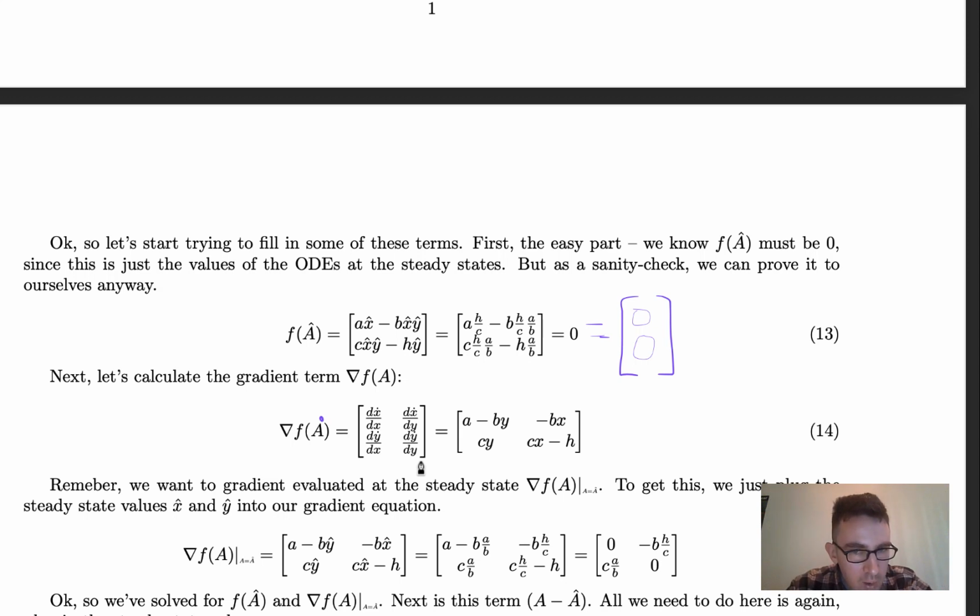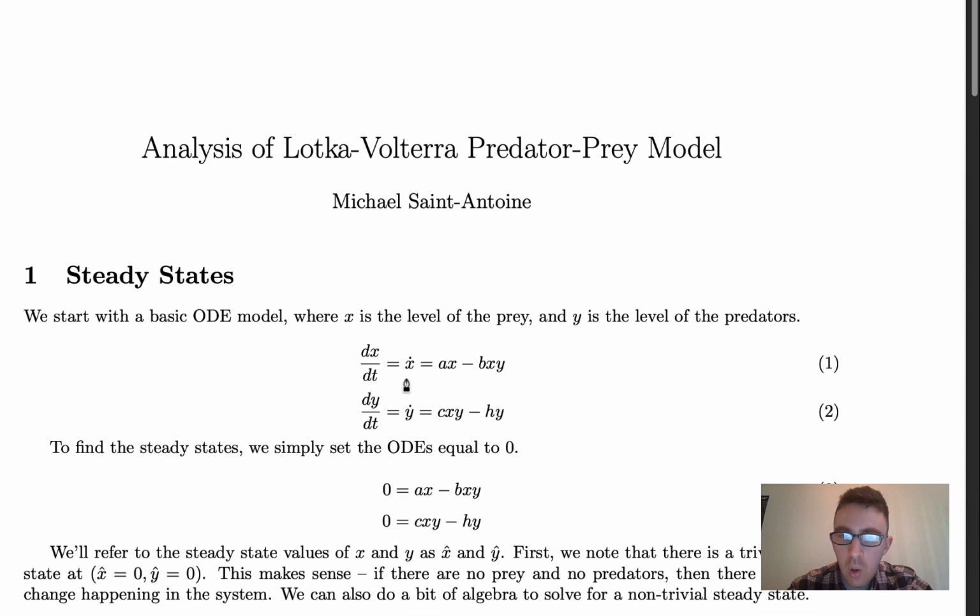But again, I know it looks complicated, but I'm just going to show you how we would fill out this matrix in terms of the parameters. Let's start with the first one, the partial derivative of x dot with respect to x. We go back to our original x dot equation, the original derivative of x with respect to time. To get the partial derivative for our gradient, we take the derivative of this equation with respect to x.